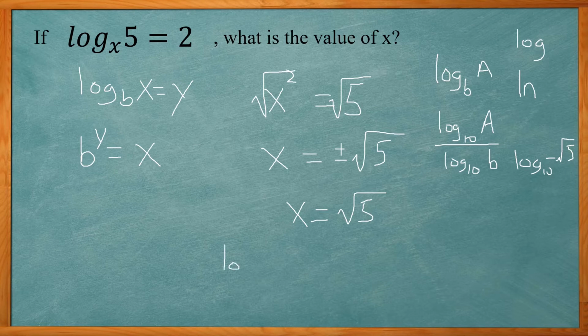Alright, so log base square root of 5 of 5 equals 2. Or in exponential form, square root of 5 squared equals 5.